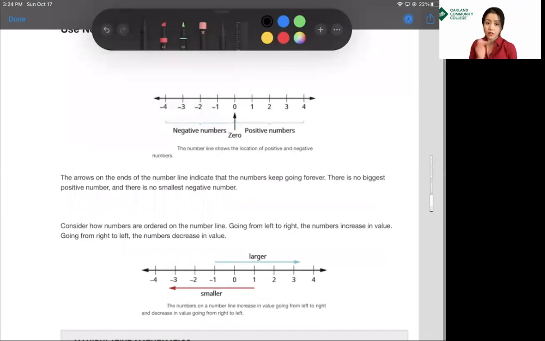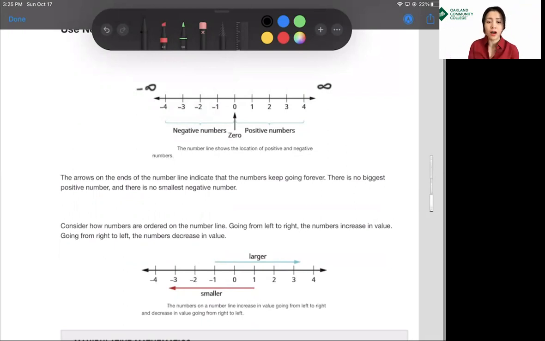On the left arrow of the number line, they put negative infinity, and on the right side of the arrow, they put infinity or positive infinity. That indicates the numbers go on forever, so there is no biggest positive number and there is no smallest negative number.